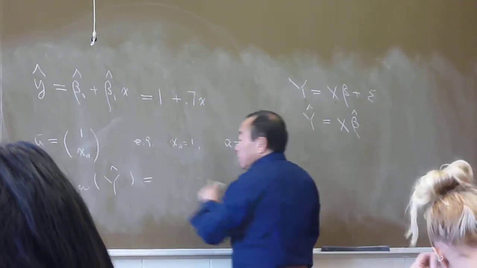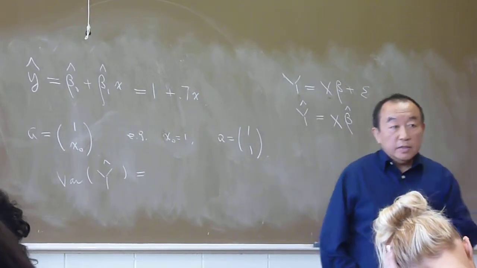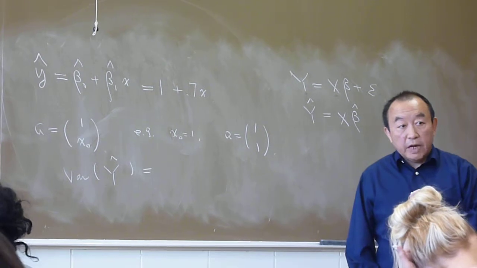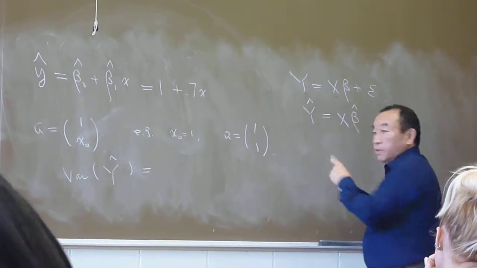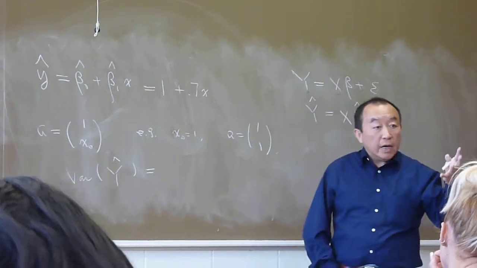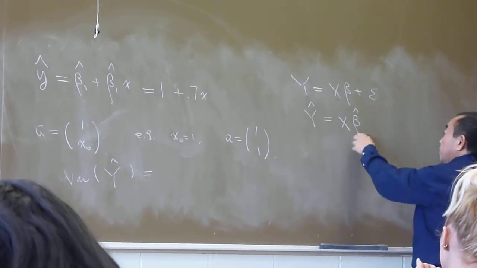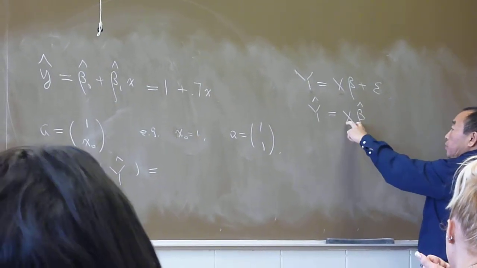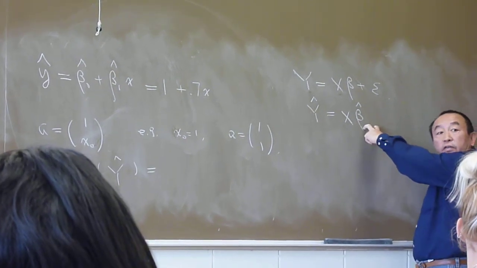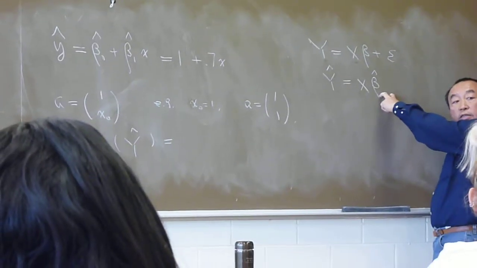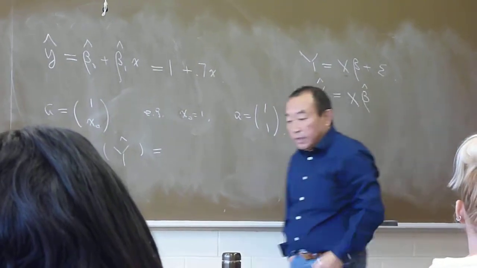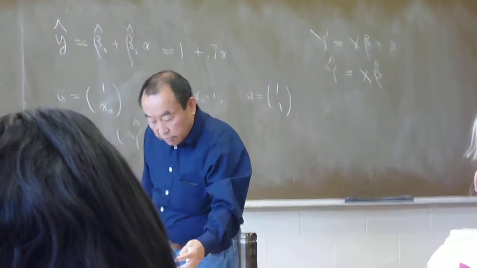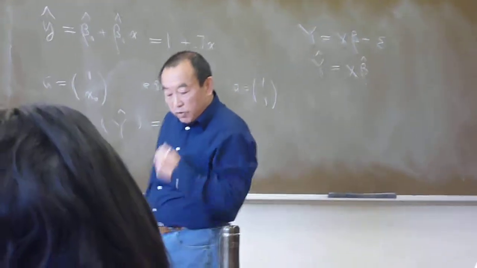Now, using the result we have done, we can compute that value. You just compute the variance of this. That would be equal to the variance of this hat quantity. So I'm using, in fact, a equal to 1, 1, so I can predict some value.